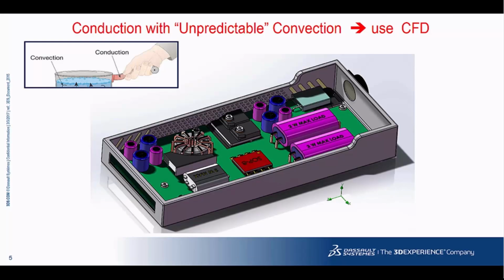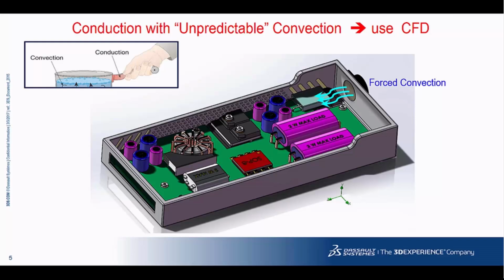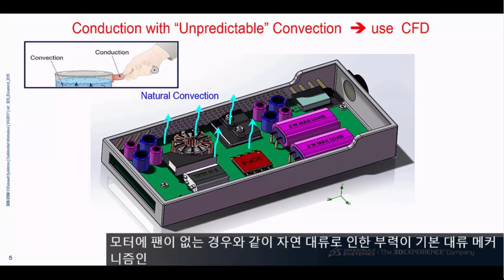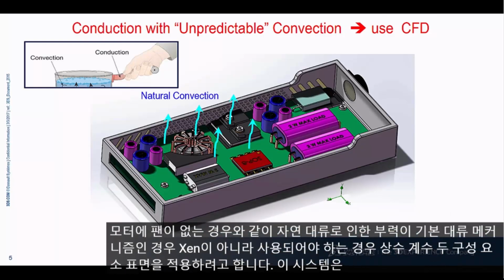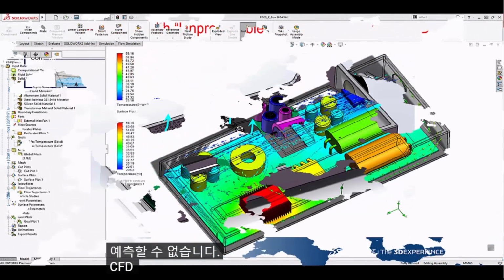In cases where convection is not predictable, such as forced convection, where you don't want to apply constant coefficient to component surfaces, CFD should be used, not FEA. Likewise, if buoyancy from natural convection is the primary convection mechanism, for example, your motor has no fan, this system is not predictable. CFD should also be used, not FEA.